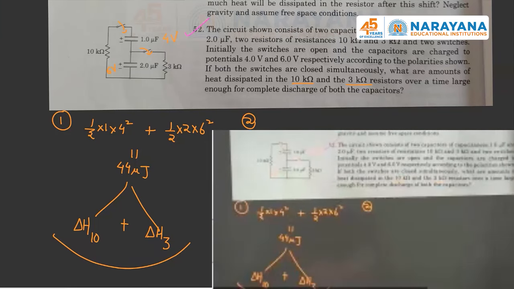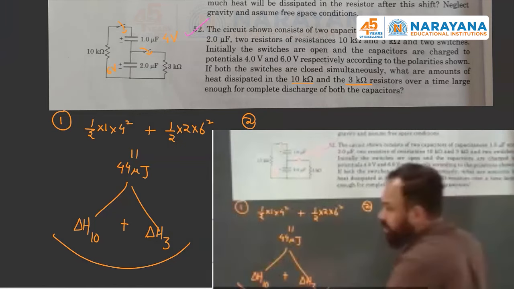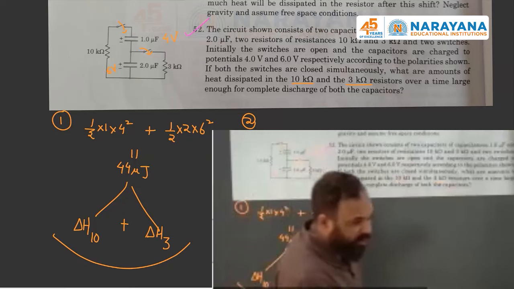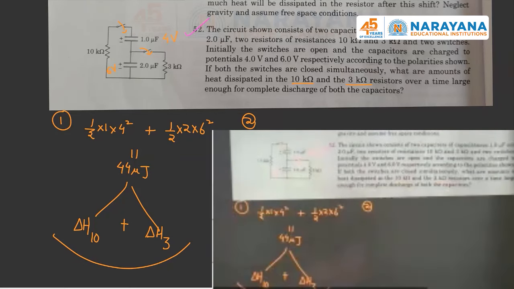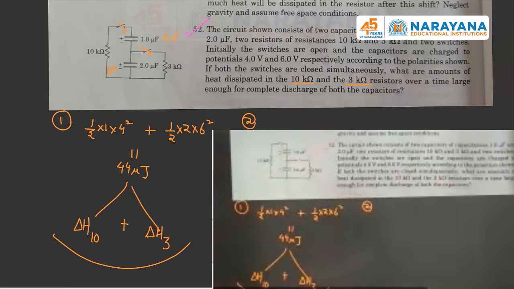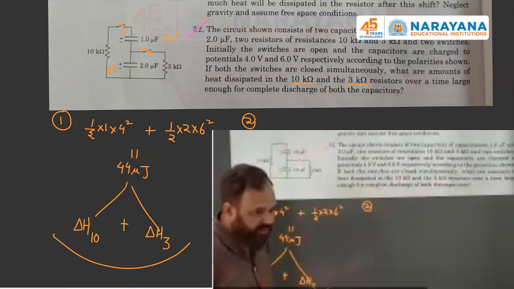Now you have to be very careful in analyzing this problem. It is definitely not obvious, and if you observe the pattern carefully, it can be simple. Otherwise, if you start indulging yourself in writing KVL equations or trying to integrate this function, it will unnecessarily create hassle.